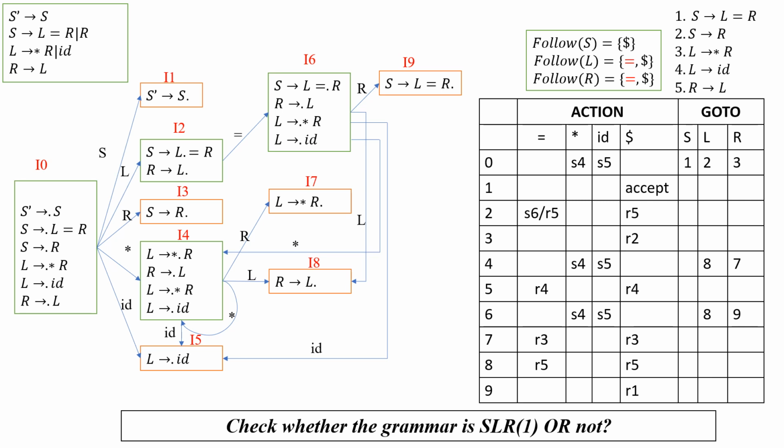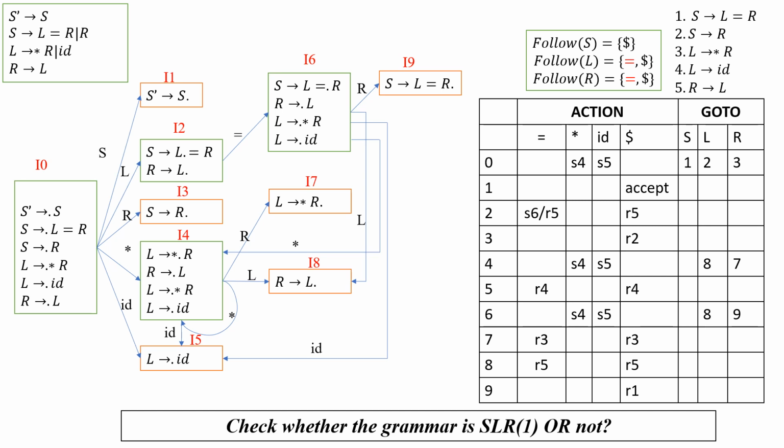So this table contains a shift reduce conflict. Therefore, we can conclude that this grammar is not SLR1. Understood? Why is it not SLR1? Because the table contains shift reduce in row 2, with two entries, one shift and the other reduce.